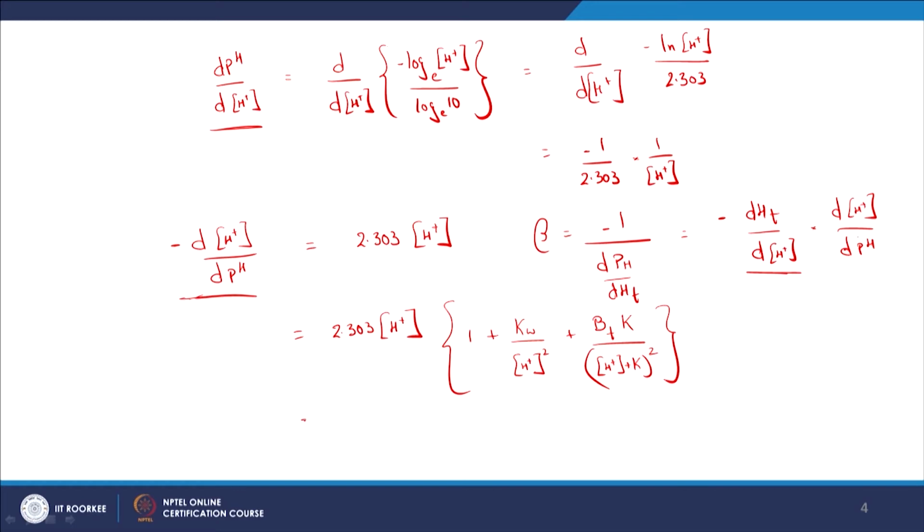So, taking this in, it's going to be equal to 2.303 into the concentration of H plus, times kW by the concentration of H plus, plus B total into, now I am going to express this in terms that we are going to be able to simplify later, H plus over H plus K into K by H plus K, right?